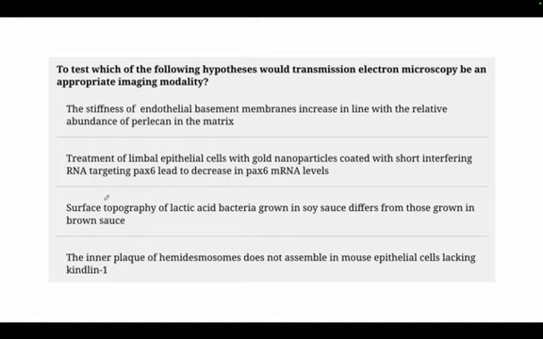Of these, I think the best option for TEM would be the last option here: the inner plaque of hemidesmosomes does not assemble. So here we would have to produce two samples, mouse epithelial cells with kindlin 1, mouse epithelial cells without kindlin 1, do TEM on both of them, and check whether this inner plaque of the hemidesmosome is present or absent. Which is something that we should be able to see in TEM quite easily.